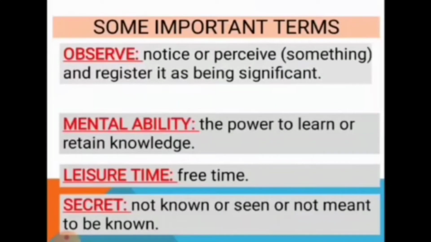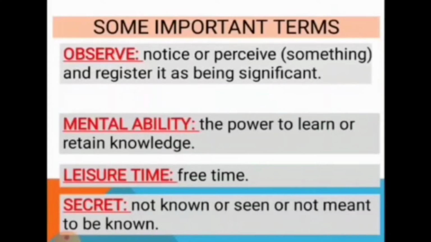Next is observe, notice or perceive, to register it as being significant. Mental ability, the power to learn or retain knowledge. Leisure time, that is free time. Secret, not known or seen, or not meant to be known. These are some important terms.